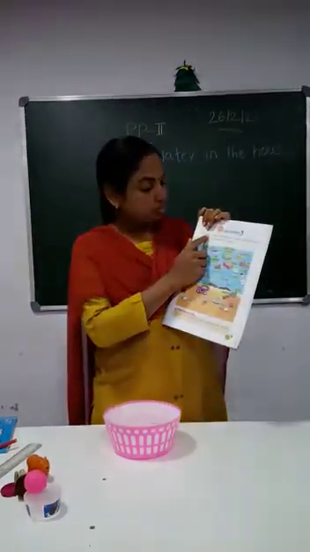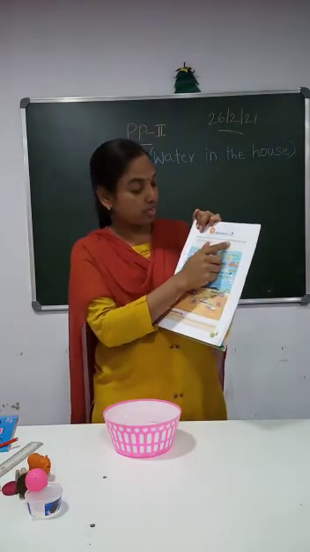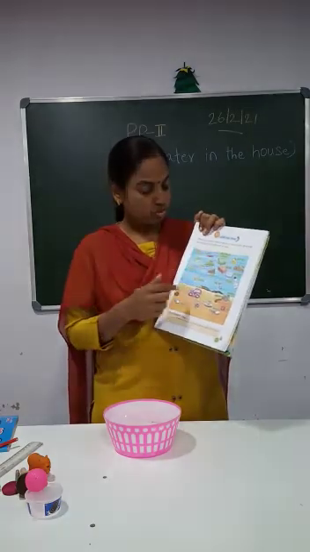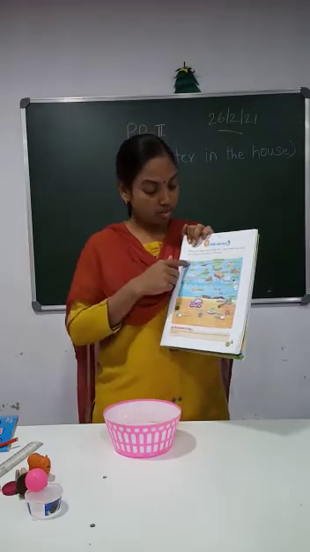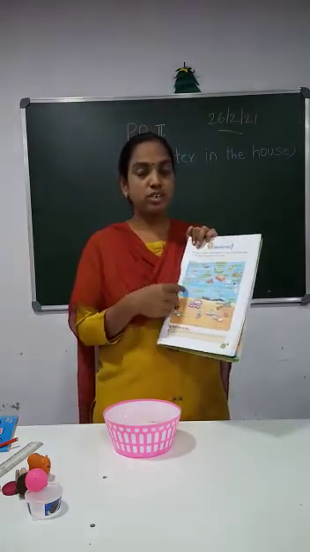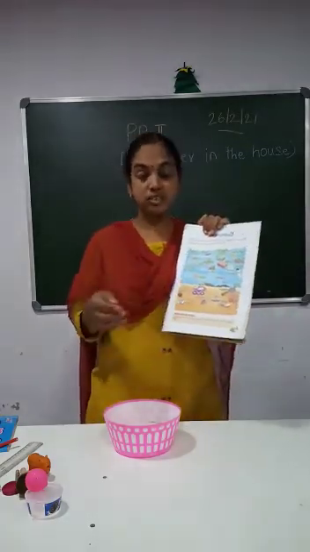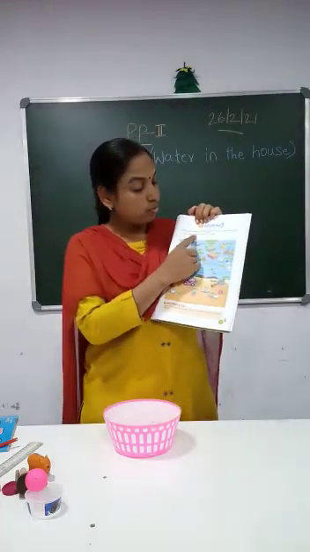When put in water, some things sink while some keep on floating on the surface of the water. So when we put some things in the water, some will sink in the water and some will float on the water. Sink in a sense it will go inside. So some will sink in the water and some will float on the water.